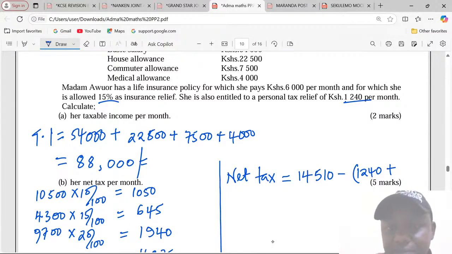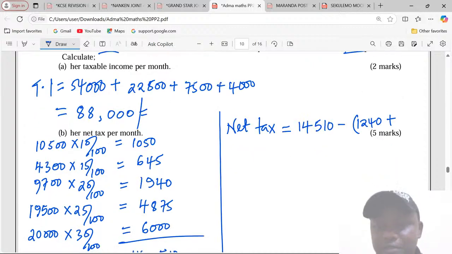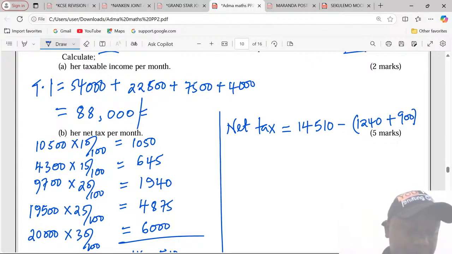She pays 6,000 per month in an insurance policy. So now we compute 15% of this, and it will be 900. So there is another relief of 900. When we take 900 and add 1240, we get 2140. So it will be 14,510 minus 2140.